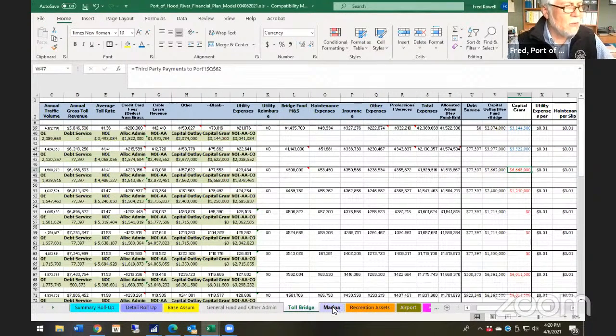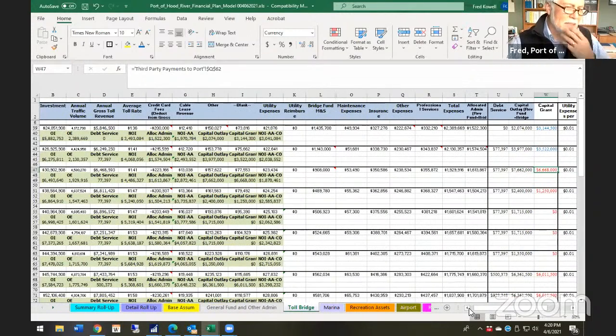As you can see, the growth of the bridge is key, and this is what Steve was talking about. He was taking some of these numbers out in 2029 and what we would be looking at in 2029.